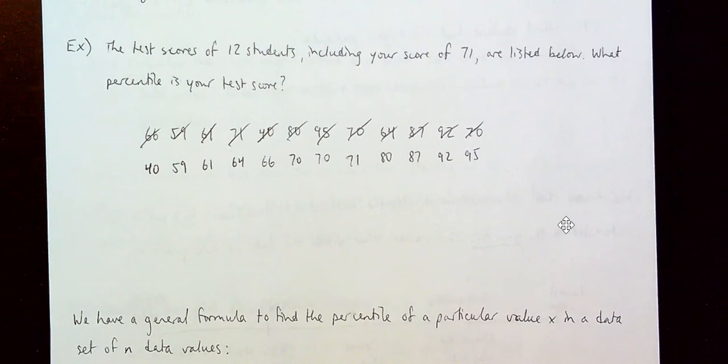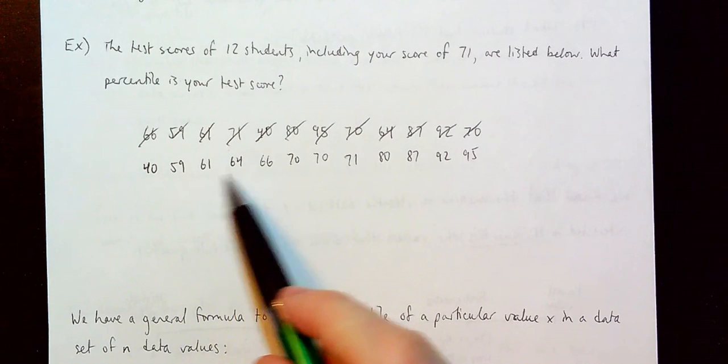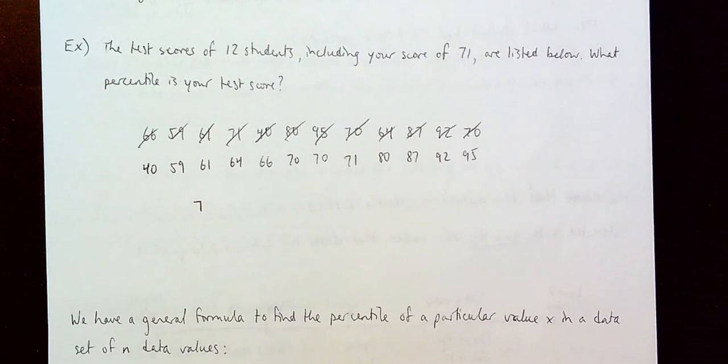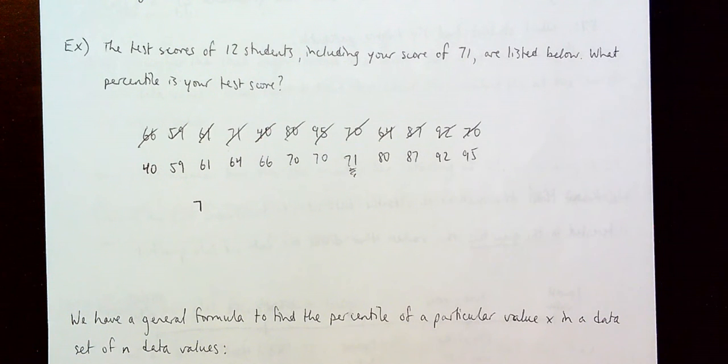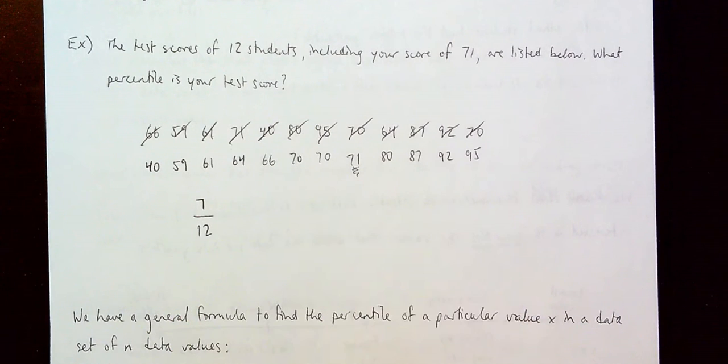We said that the percentile or the percentile rank is the percentage of the data values in the set that are below the particular value. So how many test scores do we have less than our test score of 71? Well, there's 1, 2, 3, 4, 5, 6, 7 values that are less than our score of 71. And how many test scores were there total? 12.